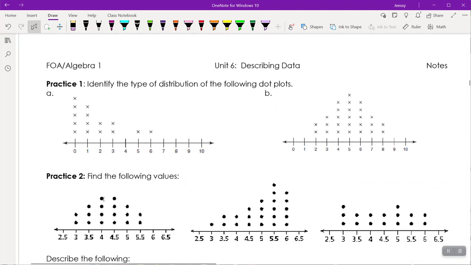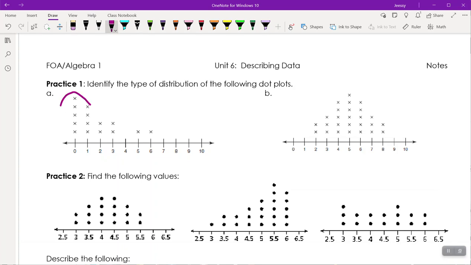All right. Using your notes from the previous page, identify the type of distribution for A and B. So how would you classify A?